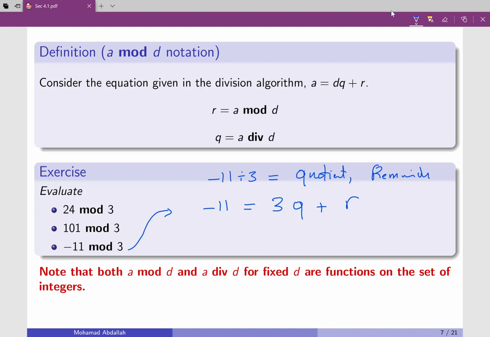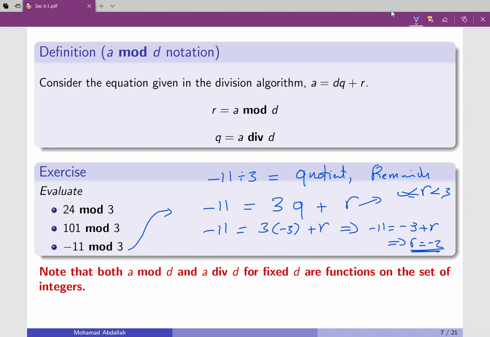Here's why. Suppose that you plug in negative 3 here. You're going to have negative 11 equal 3 multiplied by negative 3 plus r. So that means negative 11 equals negative 9 plus r, so r is equal to negative 2. That's not possible because I know that r has to be between 0 and 3. In this case, r can be either 0, 1, or 2. It can never be negative. So for this reason, when I divide by a negative, I take one less.